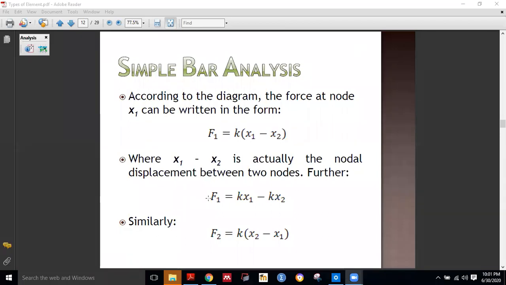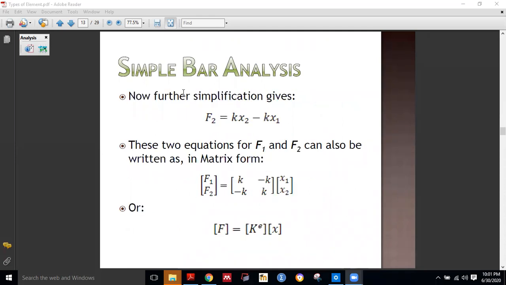Now, next one, F1 is equal to, that is the simplification of the bracket. Similarly, force we can calculate as x2 minus x1. That is, the second node is influenced by the first node also. So we can calculate the nodal displacement at that node in a similar way. Now, for further simplification, F2 is equal to k into, as further simplification is done.